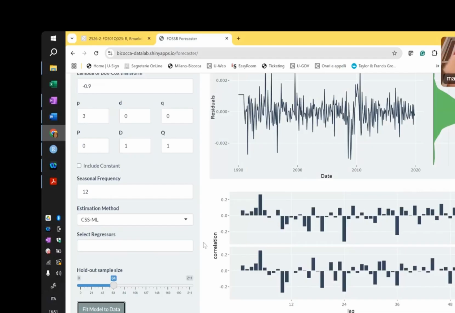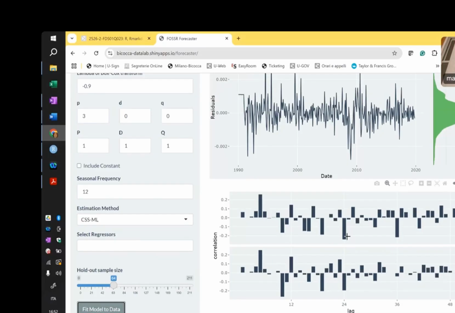And again, it happens, these strange things where we don't see something at 12, but we see 24 and 36, and here also 48. But we have already dealt with the seasonal moving average parts, so all there is left to work on the seasonal part is putting the autoregressive seasonal part here. It's not that typical, but let's try.